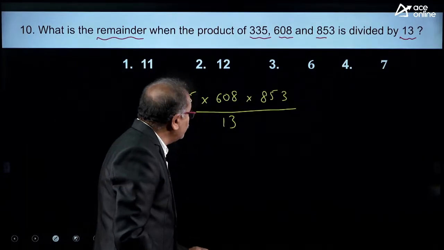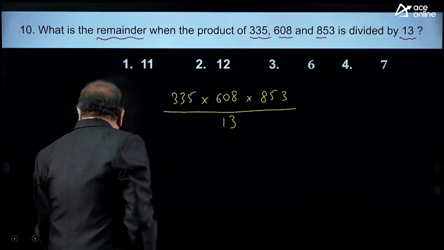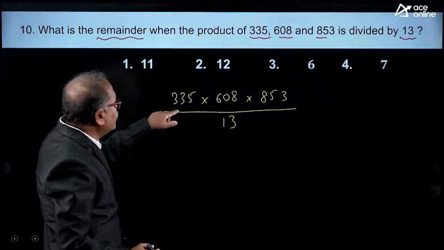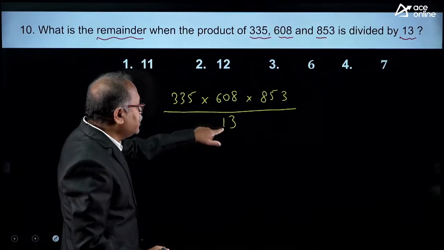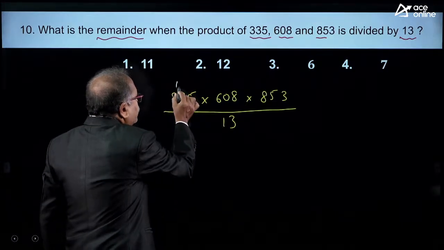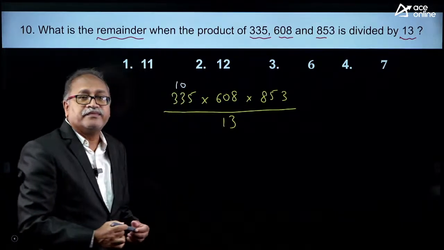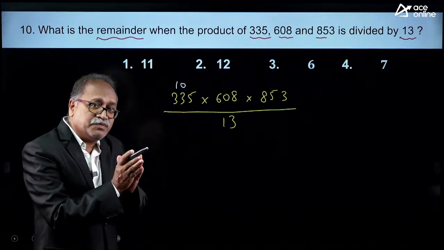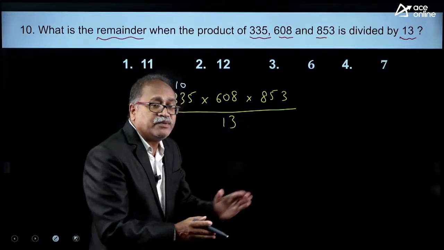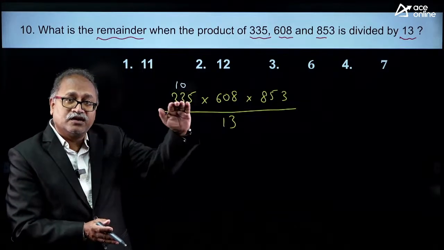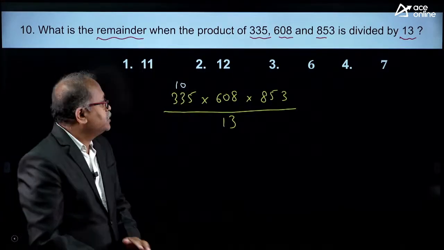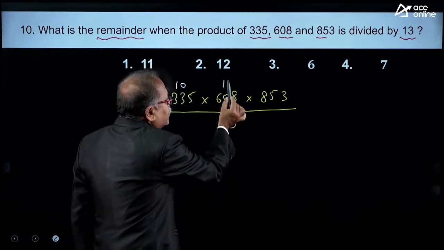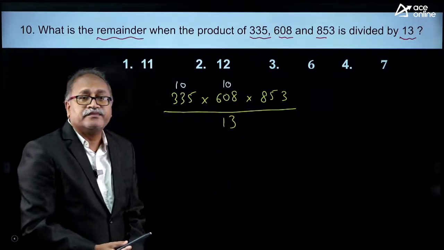If 335 is divided by 13, you will be getting the remainder as 10. Okay, multiplication is there. All the remainders will be multiplied and then again divided by 13. All the product of remainders. So, now 608 when divided by 13, you are getting a remainder of 10.